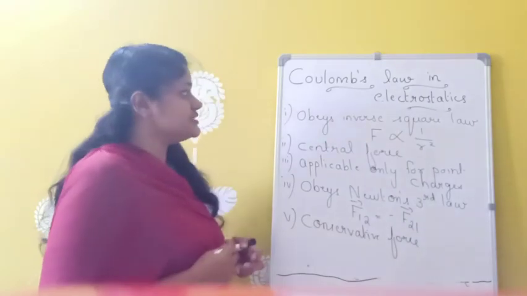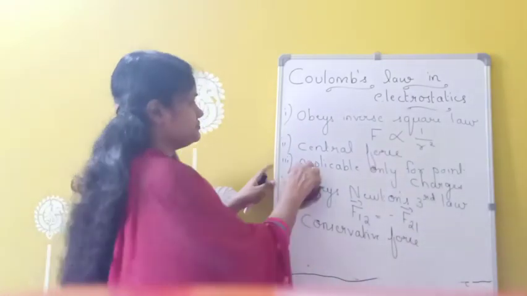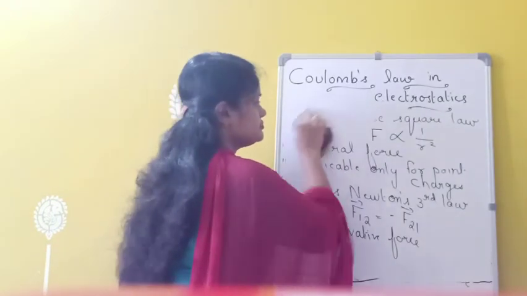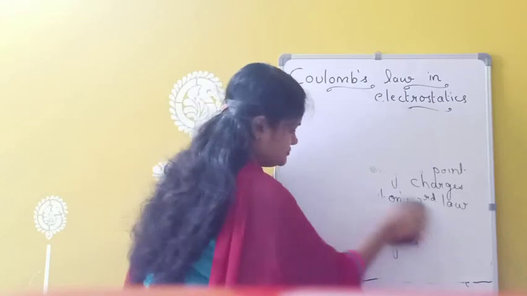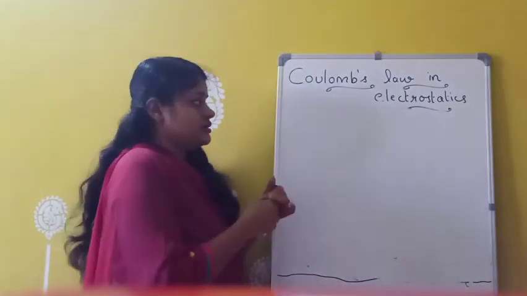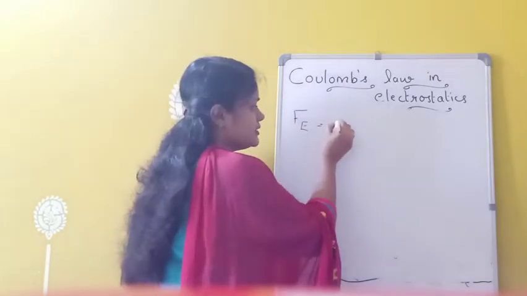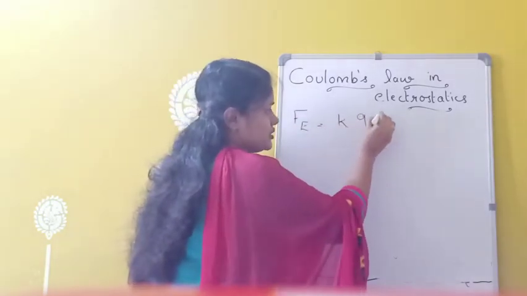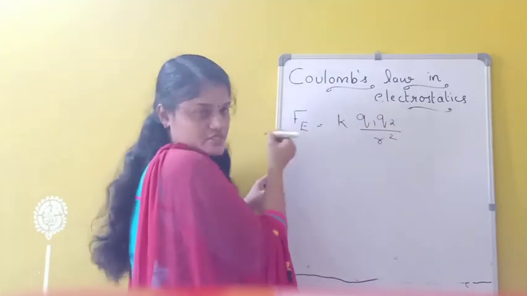Then what is the comparison between electrostatic force and gravitational force? So we know electrostatic force is given as Fe equals K into Q1 Q2 divided by R square. Electrostatic force or Coulomb's law.